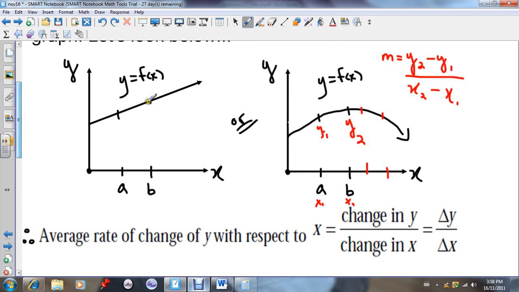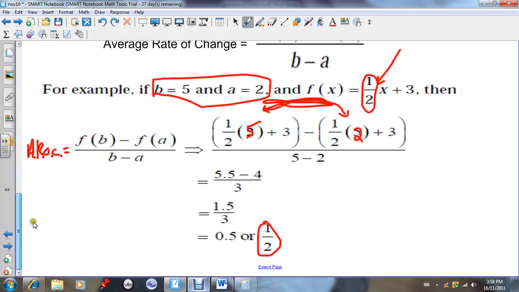Someone should have said linear, which means that the rate of change for a linear function is always the slope. So did we have to go through that arduous process of finding it? No. We could have said the average rate of change for this function is 1/2 because it's constant, because you have a straight line. How easy was that? Easy. Anyway, just an example to let you know how this stuff is going.